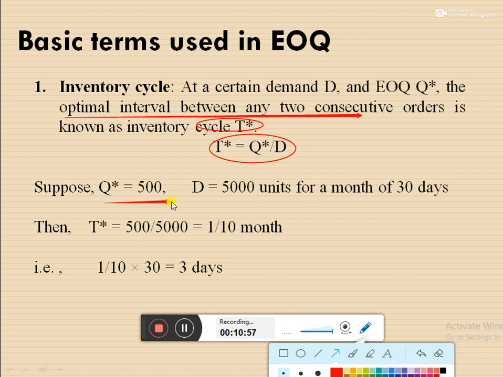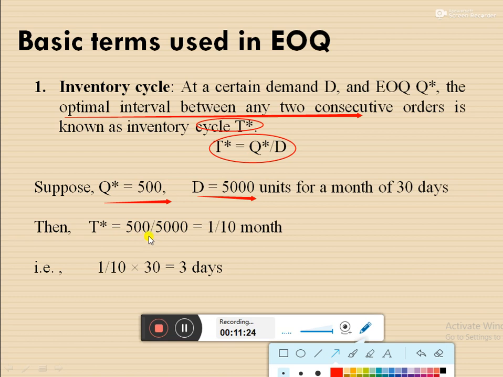It is optimal if we place an order of 500 units, and it would minimize the total cost of inventory. And the demand required in a particular month of 30 days is equal to 5000 units. In that case we can calculate the value of inventory cycle, T, by applying this formula.